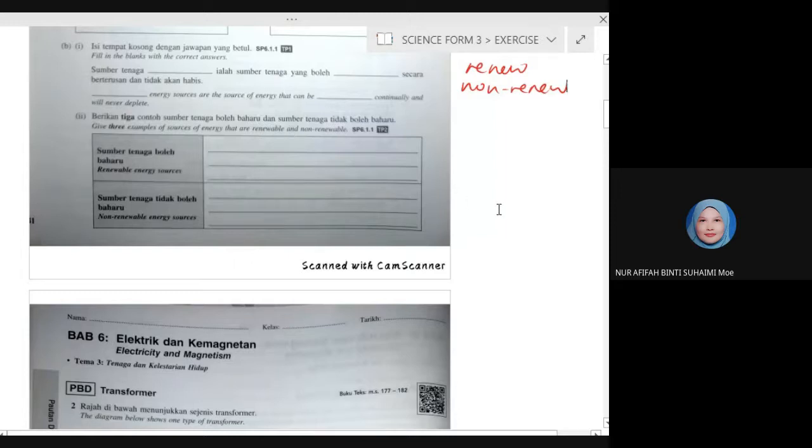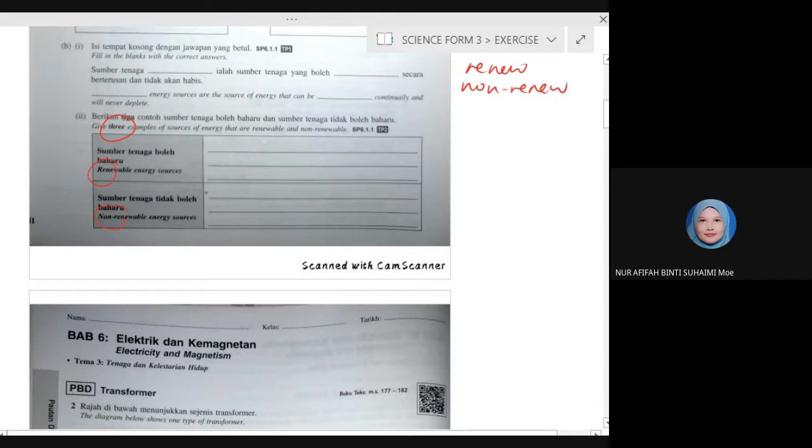So 3 examples. List down 3 examples of sources. Renewable. Okay, which one can be renewed? Which one cannot be renewed? Non-renew.